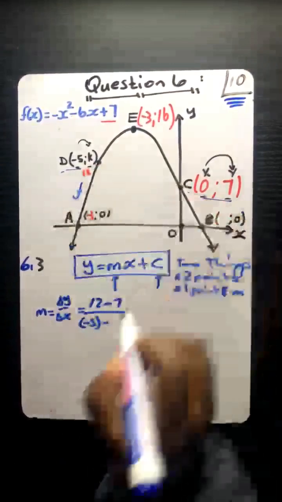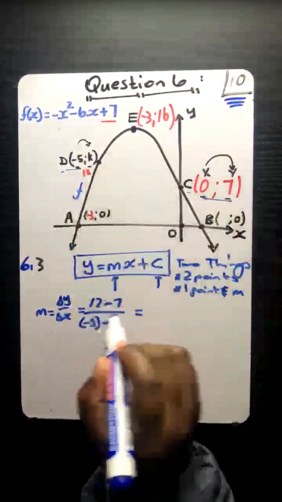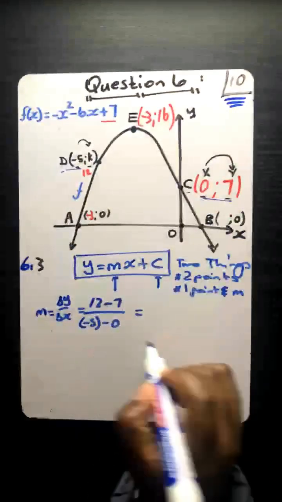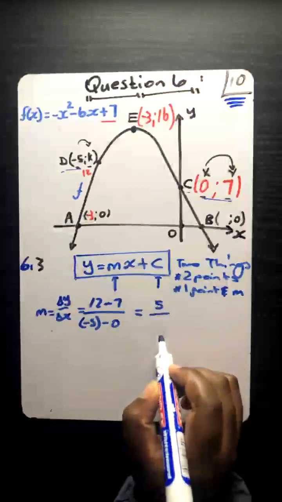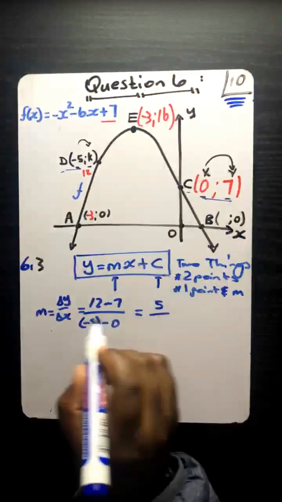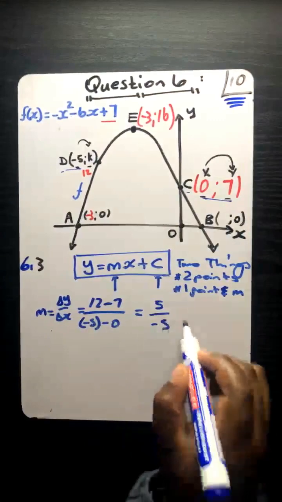What is that? I think it's 5 divided by, I think it's -5, all of that. So it seems like this is -1, honorable member, as the gradient. It makes sense for it to be negative. Why?